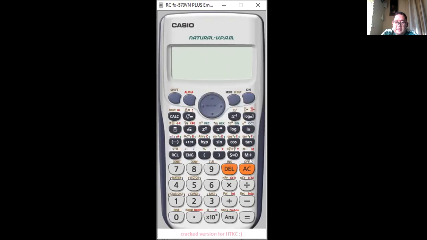So, mode 3 yung stat tayo, tapos 1 variable. So, 1. Tapos input ko lang yung data. We have 60 equals 56 equals 60 equals 55 equals 70 equals 55 equals 60 equals and then 55 equals.